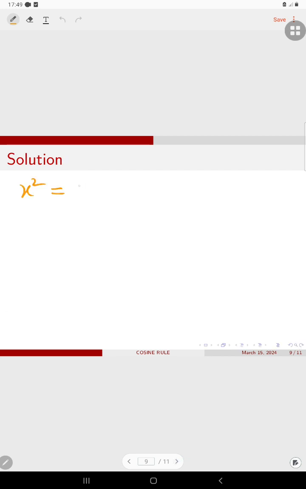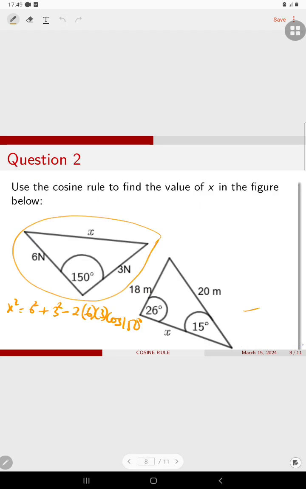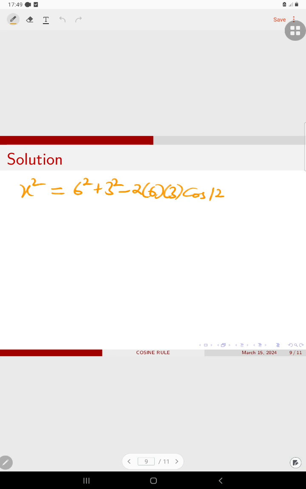So let me transfer. 6 squared plus 3 squared minus 2 by 6 times 3 cos, is it 120 or 150? 150 degrees.